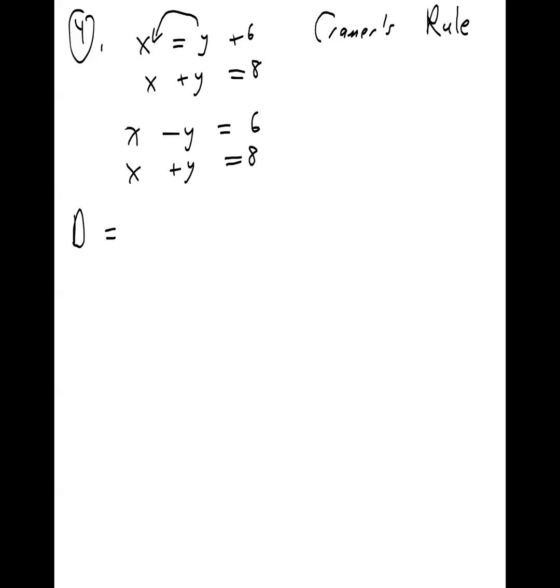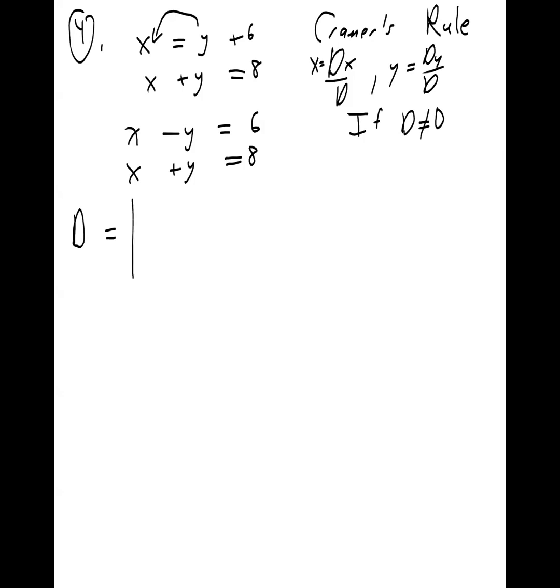And when you use Cramer's rule, which says that x equals the determinant of x divided by the determinant, and y equals the determinant of y divided by the determinant, you can only use that if you can divide by the determinant. So this only works if the number in the bottom is not equal to 0. If it is equal to 0, then you cannot use Cramer's rule. So let's find out if it's equal to 0.